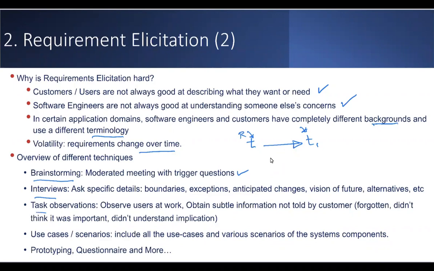Also, we could perform task observations in which we observe users at work. We can even obtain information that is not told by customers. In other words, they have forgotten to tell us because they think it was not important or they didn't even understand the implications of that information.